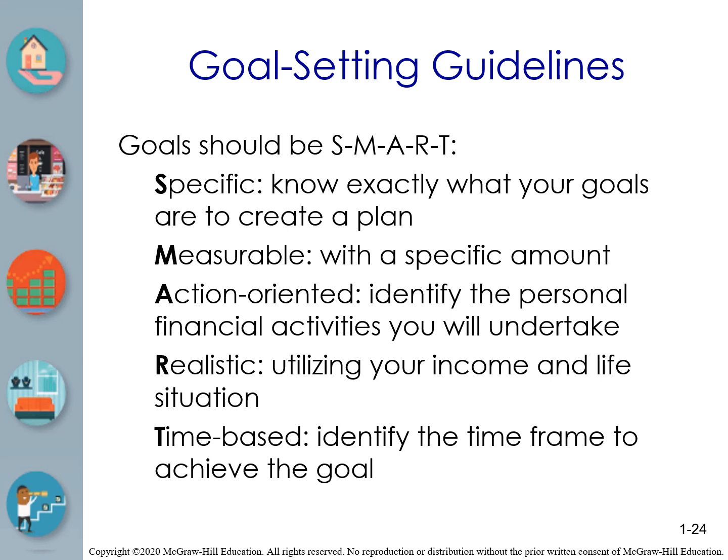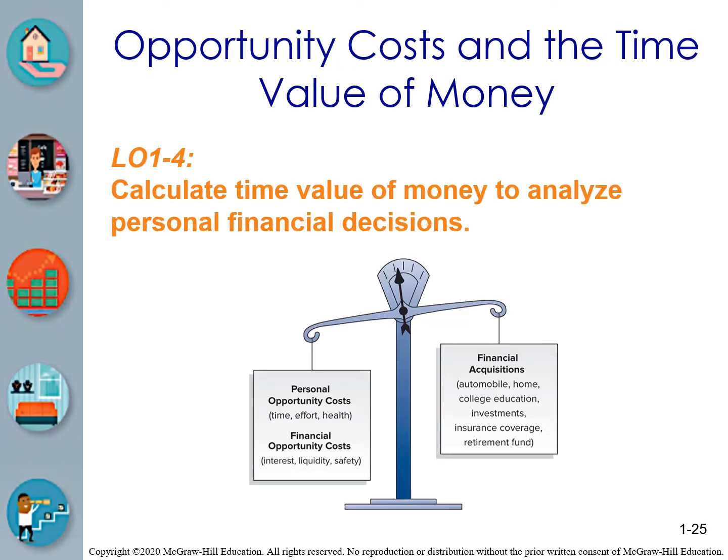This is good stuff. So opportunity cost and the time value of money, calculate the time value of money to analyze personal financial situations. And again, we've already been through this, but this is where this concept of opportunity cost is going to be coming up over and over again.